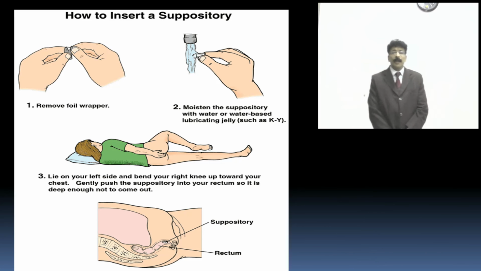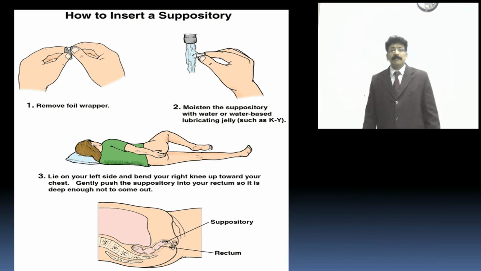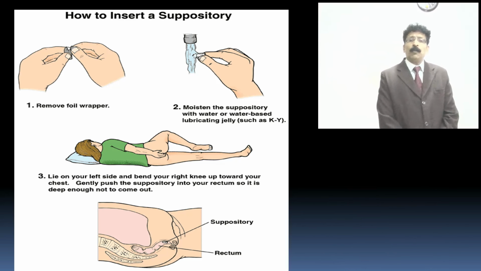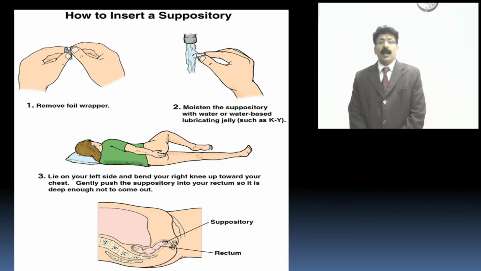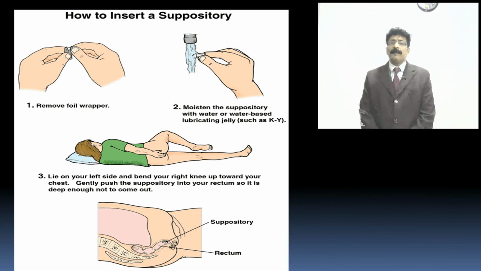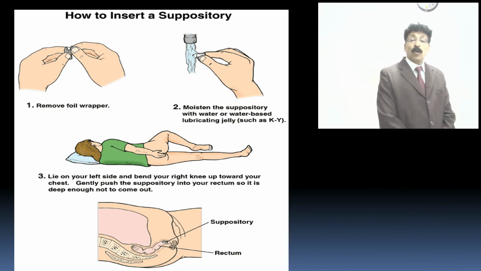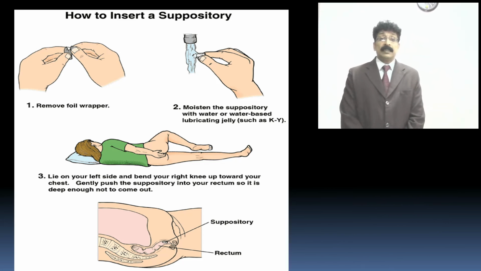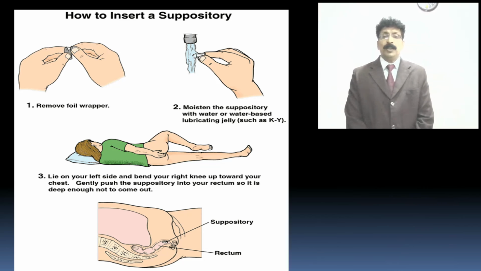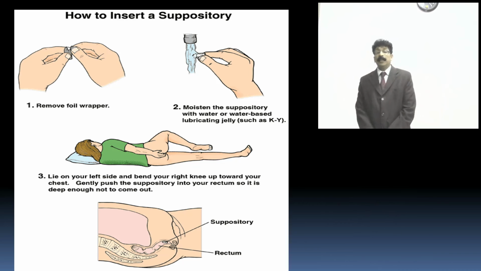Remove the wrap, and moisten the smooth suppository a little with water or water-based lubricant gel. Then lie down as shown in the picture, lift your right leg, the right knee, and hold it towards the chest. Gently push the suppository into your rectum, deep enough so that it does not come out.